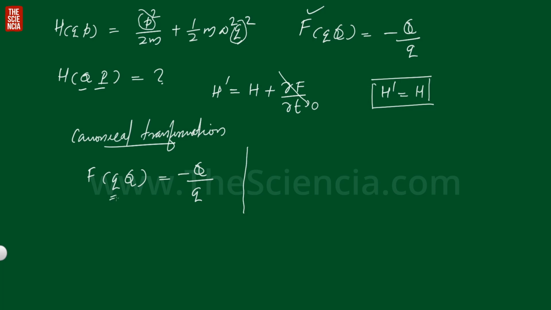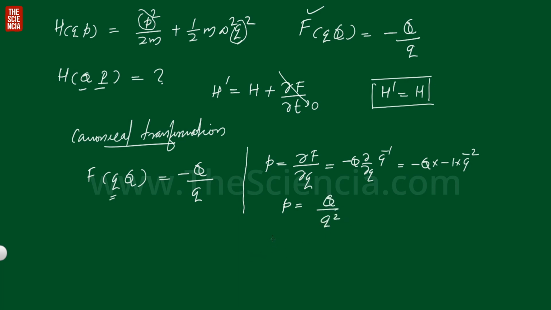Here q is there, so the missing coordinate is small p, that is equal to dou f by dou q. So we get minus 1 by Q into dou by dou q of q, and we get small p equal to minus 1 by Q.